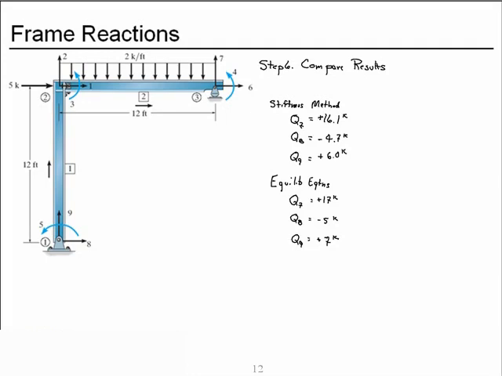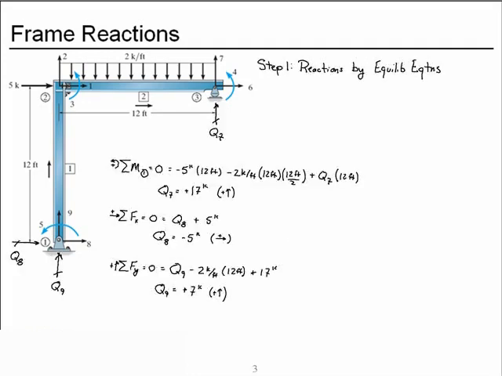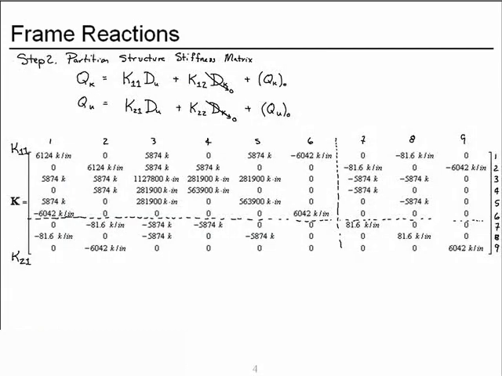Now let's go back and review the process we followed to calculate our reactions. We began by applying the equations of equilibrium to find the reactions so that we could compare our results at the end of our stiffness method analysis. We then partitioned the structure stiffness matrix, which we had assembled in a previous example, and we identified which pieces of that structure stiffness matrix we would need in order to find the deformations and then the reactions.